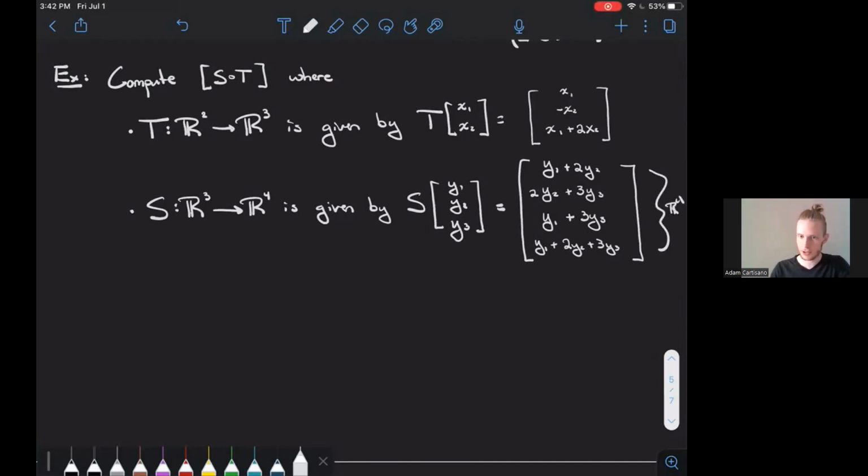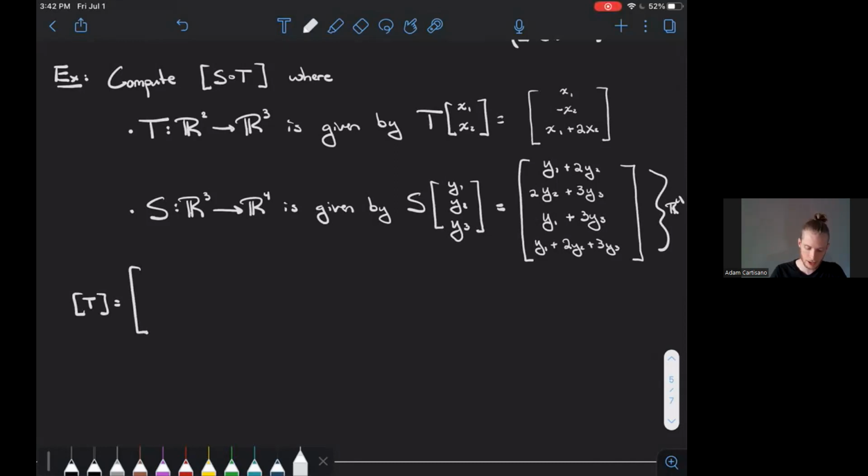Let's write down the standard matrices for these guys. It's not so bad because we're going to write these down one column at a time. We just have to ask, where do they send the standard unit vectors? Where does T send 1, 0?